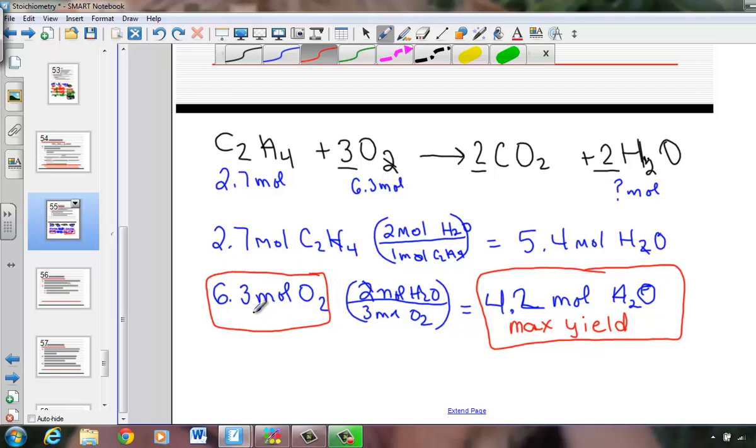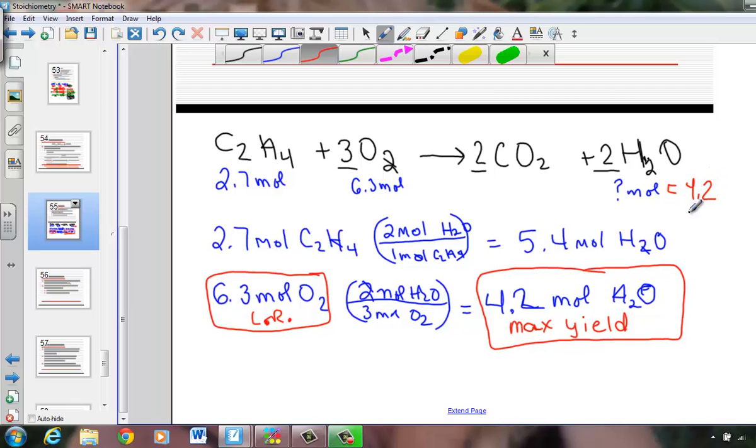The limiting reagent is the reactant that gets completely consumed and thus stops the yield of a product. A limiting reagent is oxygen. It was gone, stopping the yield, the smaller of our two answers.